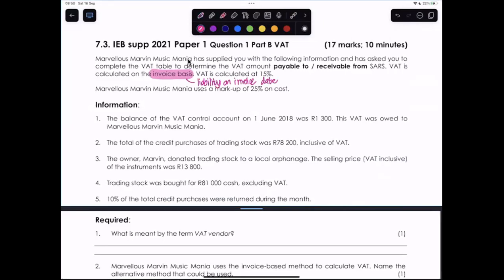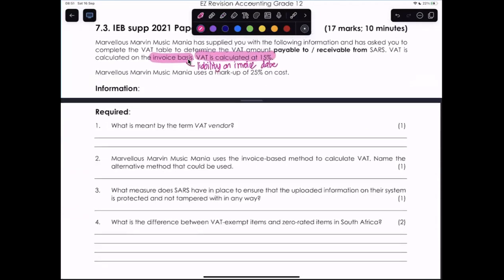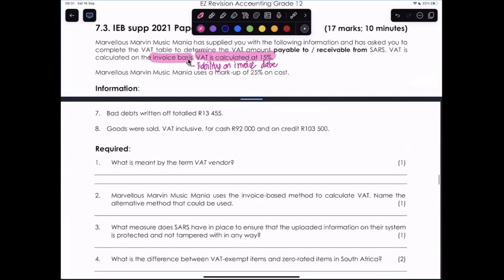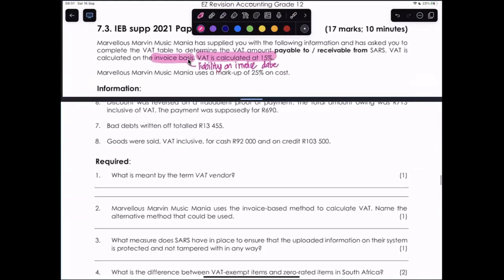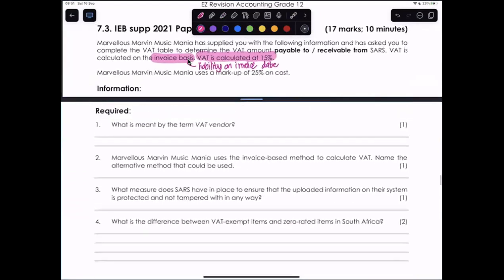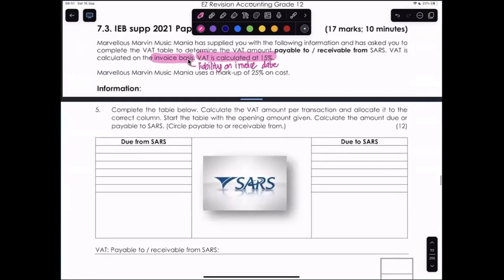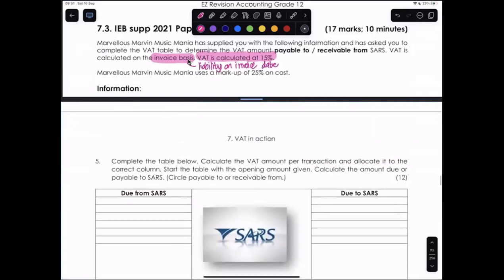VAT is calculated at 15%. That's the normal standard rate that is applicable at the moment. A useful trick is to simply go immediately and draw your little VAT triangle somewhere on your answer space so that it's easy to refer back to what you're doing. Now, in this particular question, you are given a couple of wordy questions to answer, and there's the VAT table that will require the calculations.